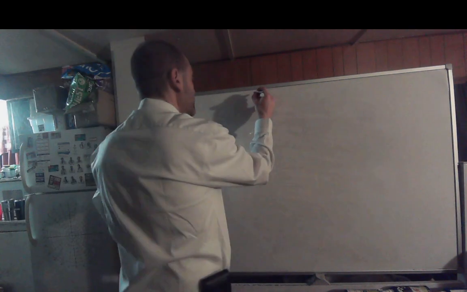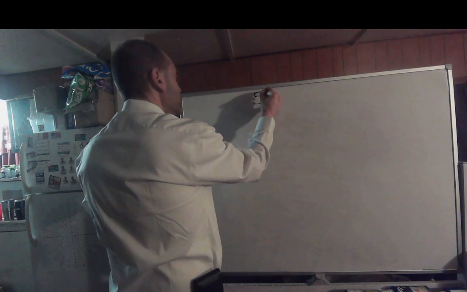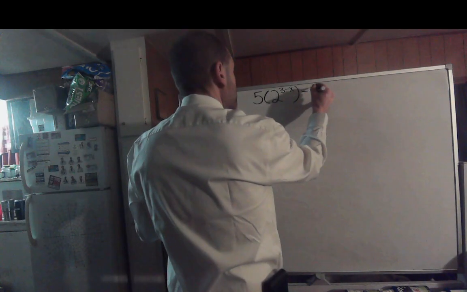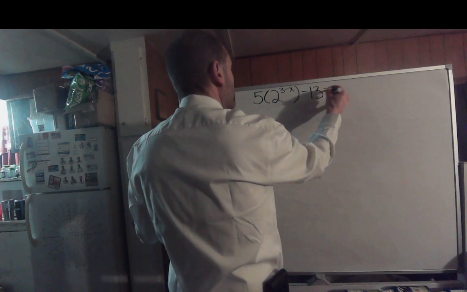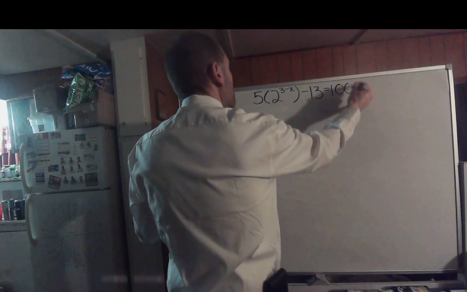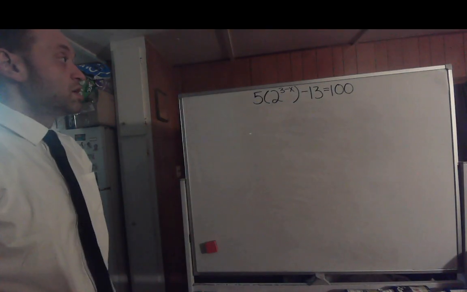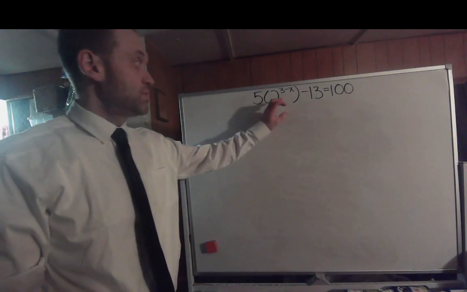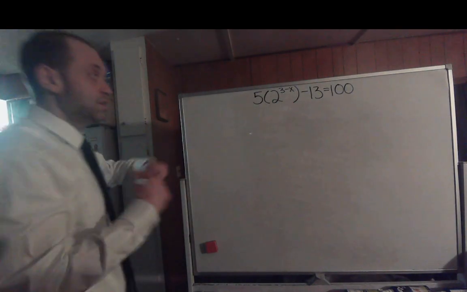Good one. So we have 5 times the quantity of 2 to the 3 minus x, minus 13 equals 100. All of a sudden, this is not so nice. Well, we definitely want to start out by getting that 5 times 2 to the 3 minus x by itself.